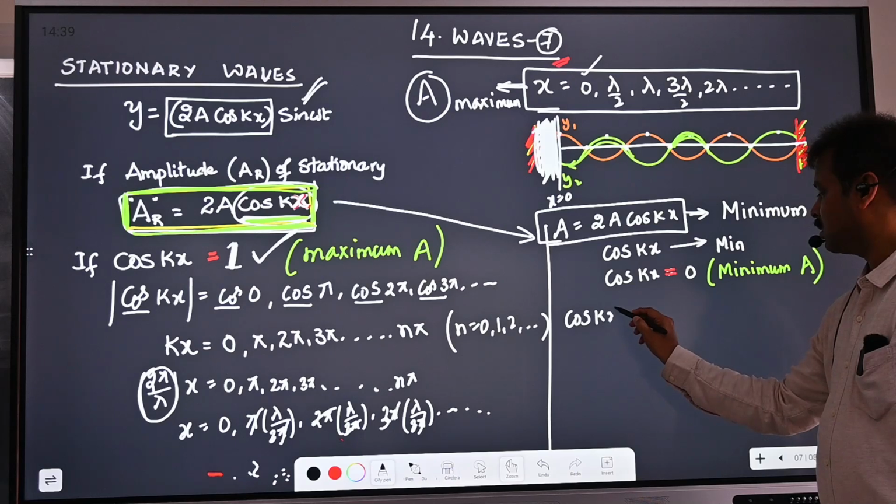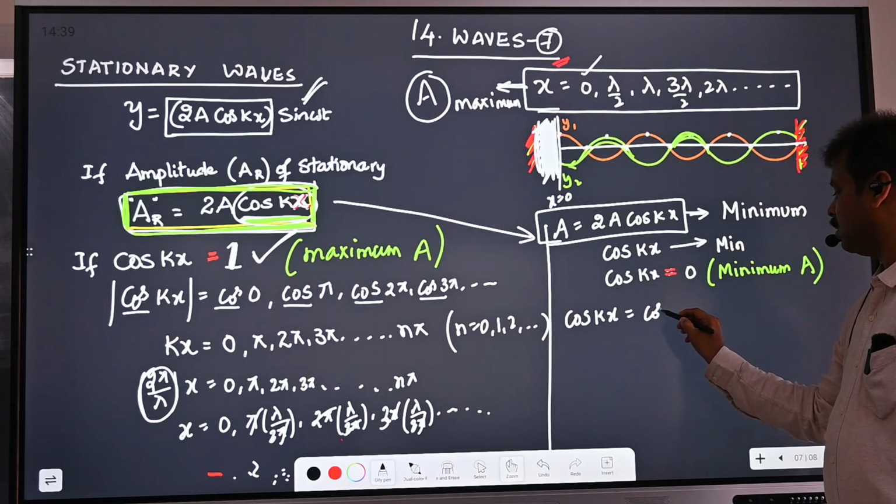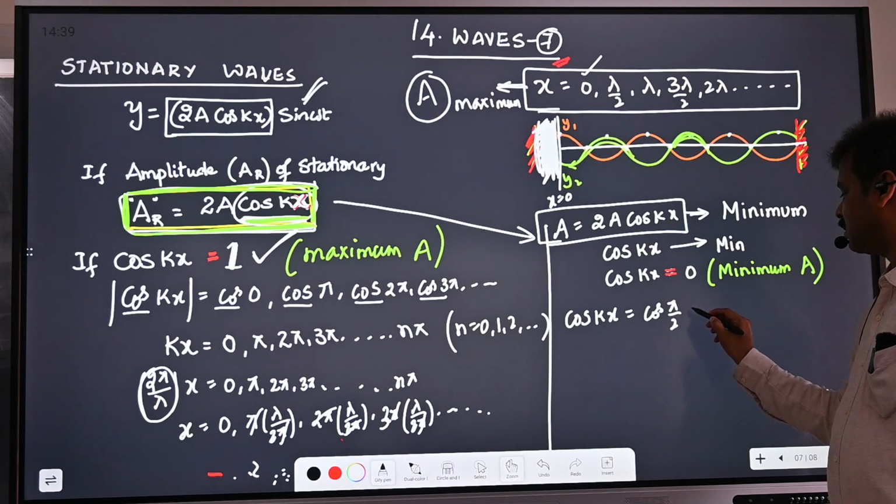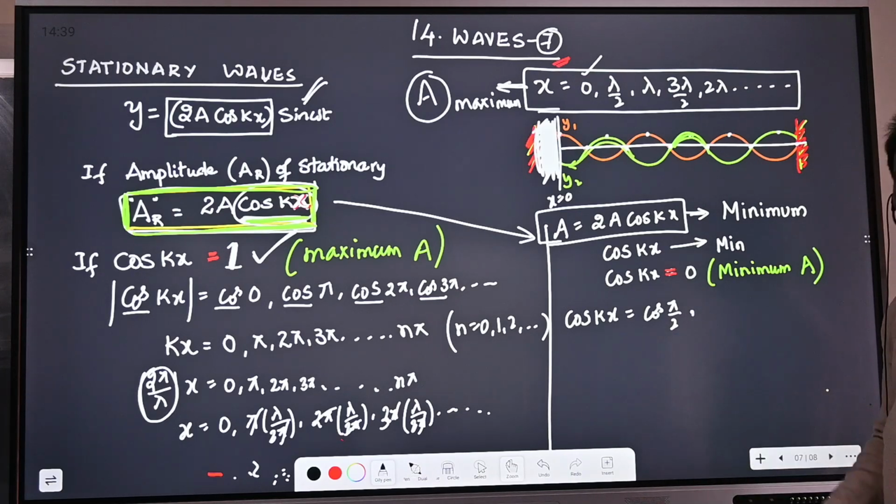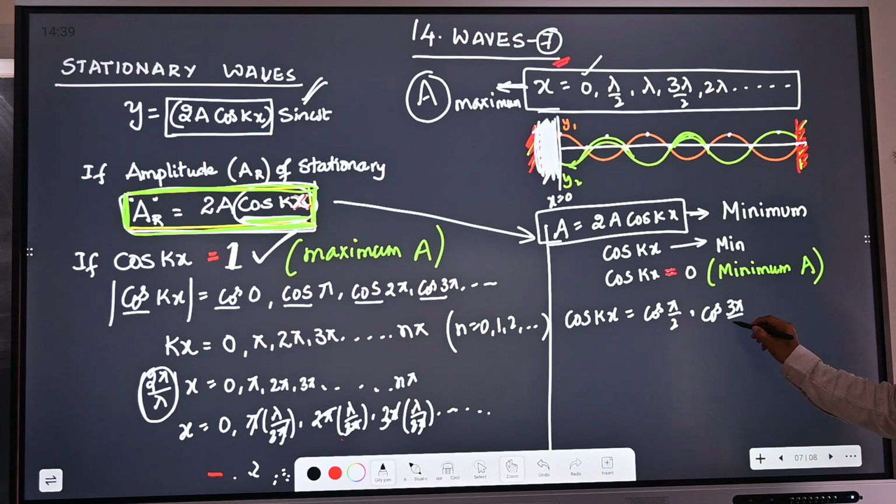When will you get this minimum amplitude? From this statement, we will see. Cos kx is equal to cos 90. What is cos 90? 0. Cos 3 pi by 2, cos 270, is 0. Cos 5 pi by 2 is 0, and so on.